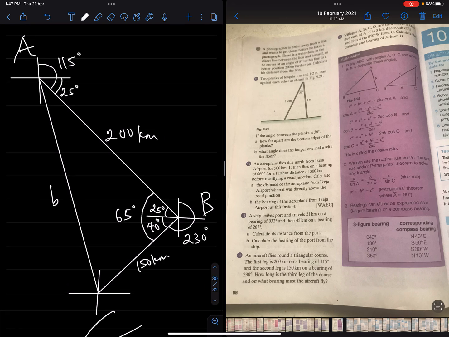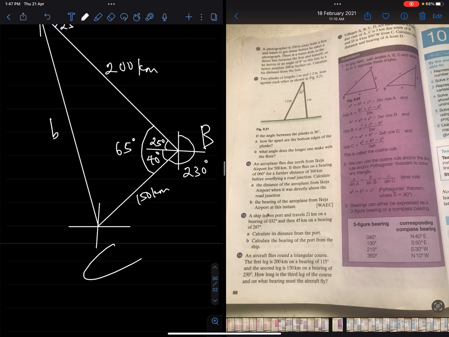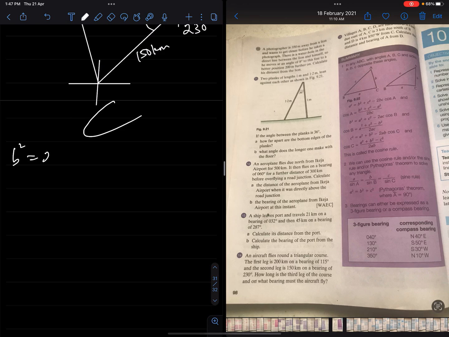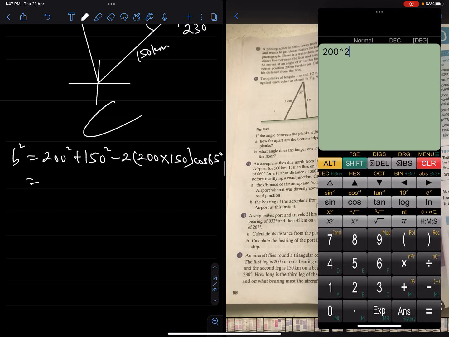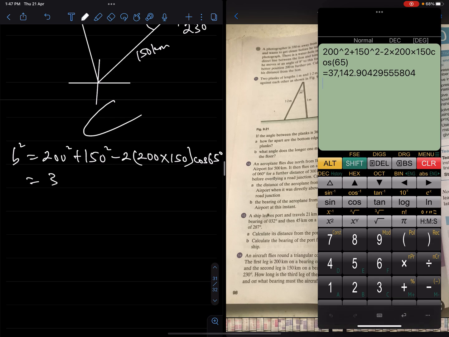So using the cosine rule, b squared equals 200 squared plus 150 squared minus 2 times 200 times 150 times cos 65 degrees. That is 37,142.9.